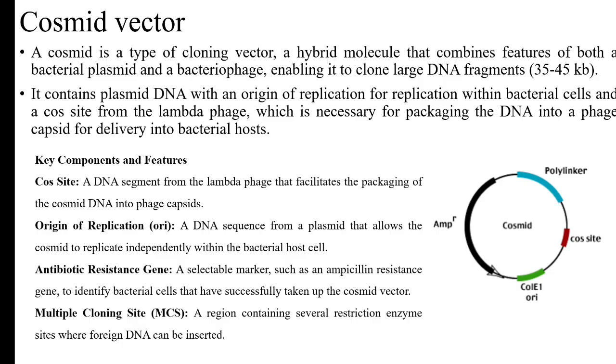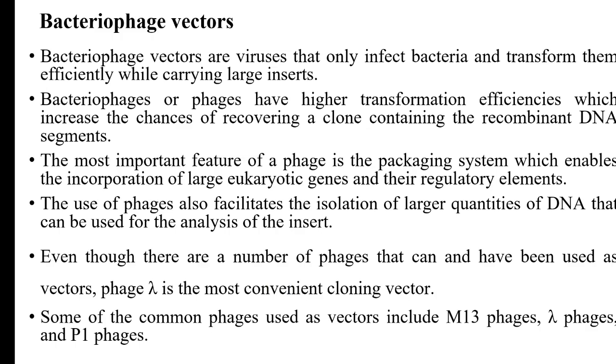Next, bacteriophage vectors. Bacteriophage also acts as a vector, and bacteriophages are viruses that only infect bacteria and transform them efficiently while carrying large DNA inserts. Bacteriophage, or phage, have higher transformation efficiency, which increases the chances of recovering a clone containing the recombinant DNA segment.